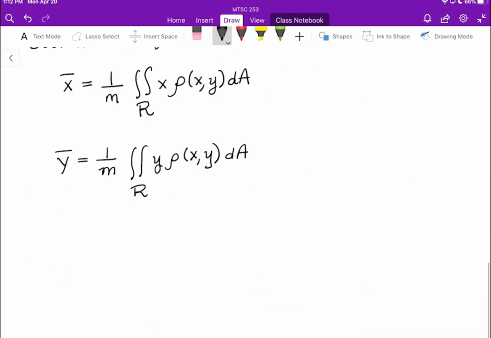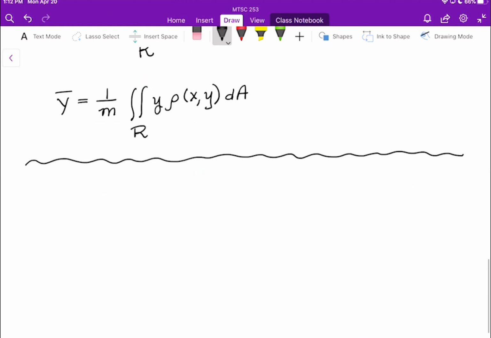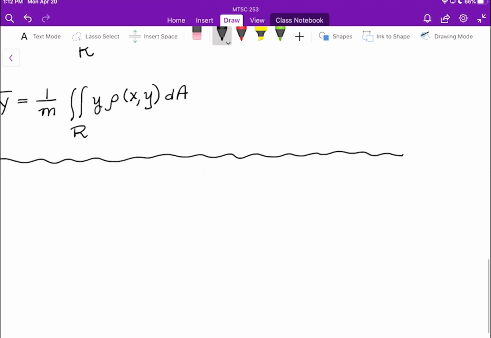Okay. Now let's move to some more stuff in 3 dimensions. So say we have a rectangular block.